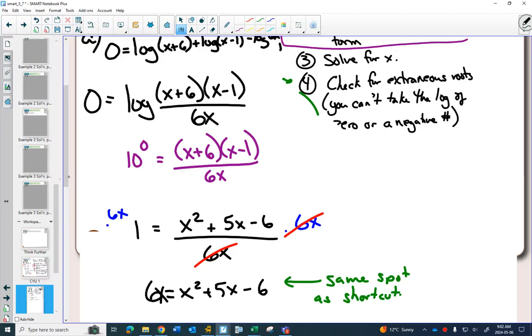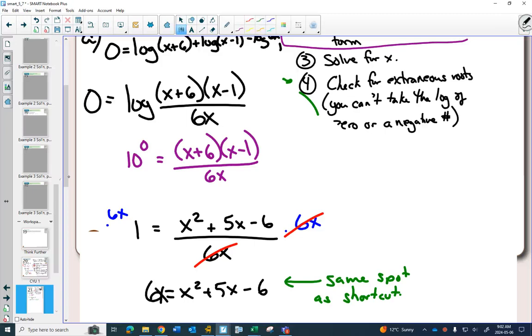The base is 10, the exponent is 0, and remember that 10 or anything to an exponent of 0 is equal to 1. So it still works out. Some people like, oh, I don't want to have to remember a shortcut and the regular way, and I just want to remember one way to do it. Then get your single logarithm, change to exponential form, and then from there you can solve it like a regular equation.